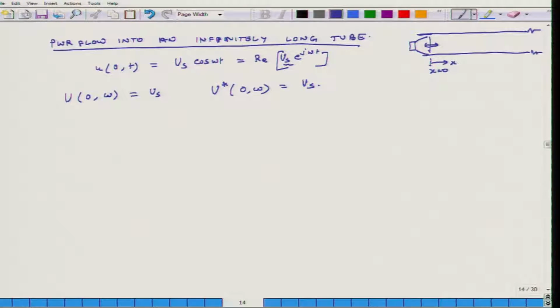Now, what we have to find out is the pressure at x is equal to 0. For that we go back to our transmission line equations which say that complex pressure and complex velocity can be expressed as P plus e^(-j omega x over c) plus P minus e^(j omega x over c), all times e^(j omega t), and velocity as P plus minus P minus over z naught.